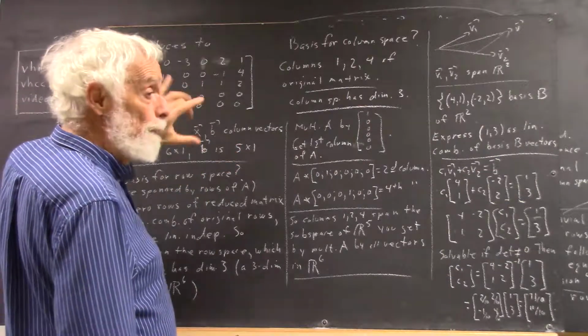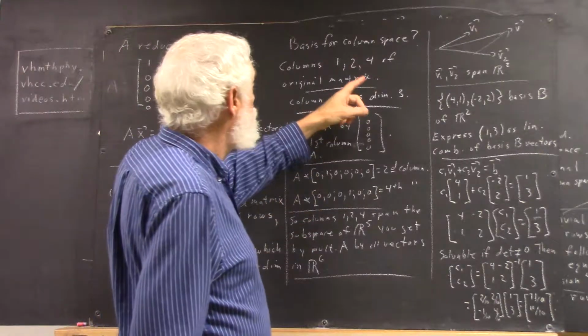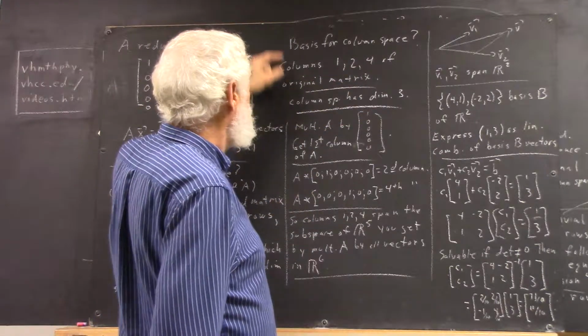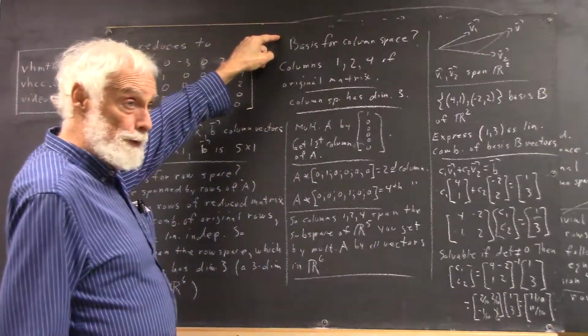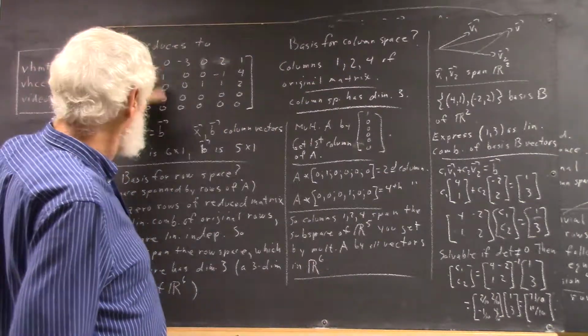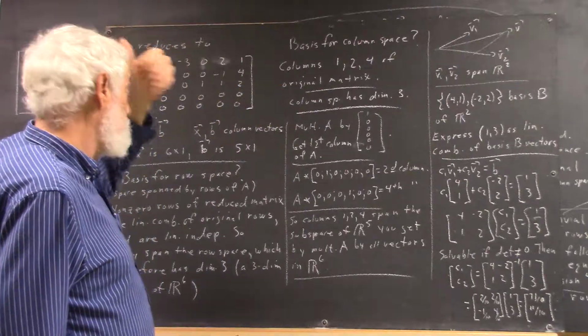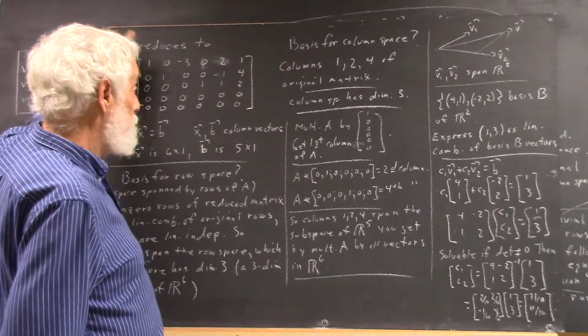And that's true of the columns of the original matrix. Okay? So columns 1, 2, and 4 of the original matrix are a basis for the column space, the space spanned by the columns of the original matrix A, not the space spanned by the columns of this matrix, but the space spanned by the columns of the original matrix A.